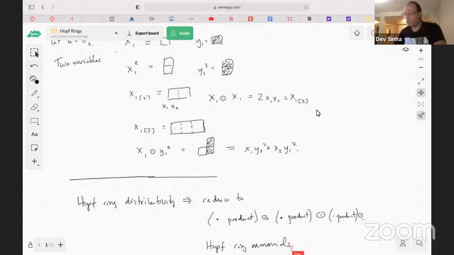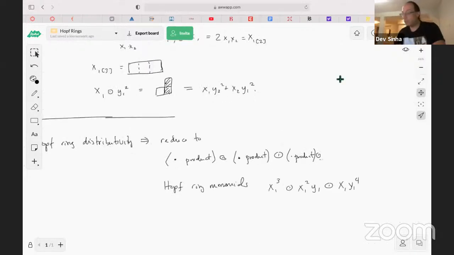And again, if we want to think about x1 cubed, that's this kind of induction product. We can go through the definitions, but I'll just go through the graphics.